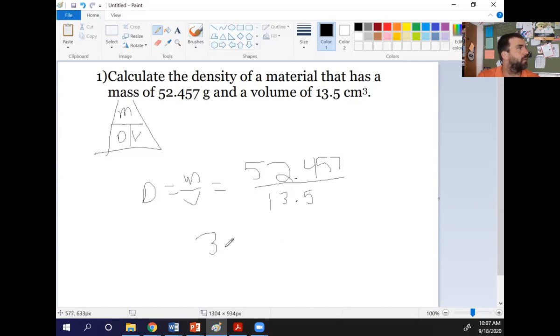So 3.89. And my units are what? What are my units of the mass in this problem? Grams. And my unit of the volume was what? Centimeters cubed. All right, so that's one example.